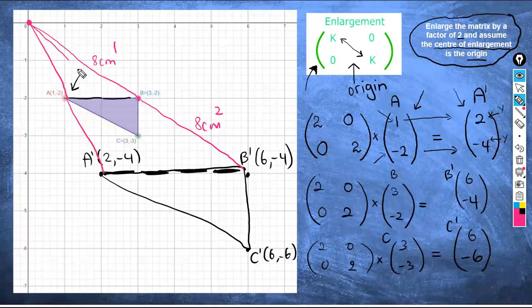And then for point C, whatever the length of this line is, I extend it by that length 1 more time to make it 2 in all. Keep in mind that this matrix here only works if the center of enlargement is the origin. Okay? All right, so I hope that answers some of the questions. That's the best I could do right now. Let's move on.